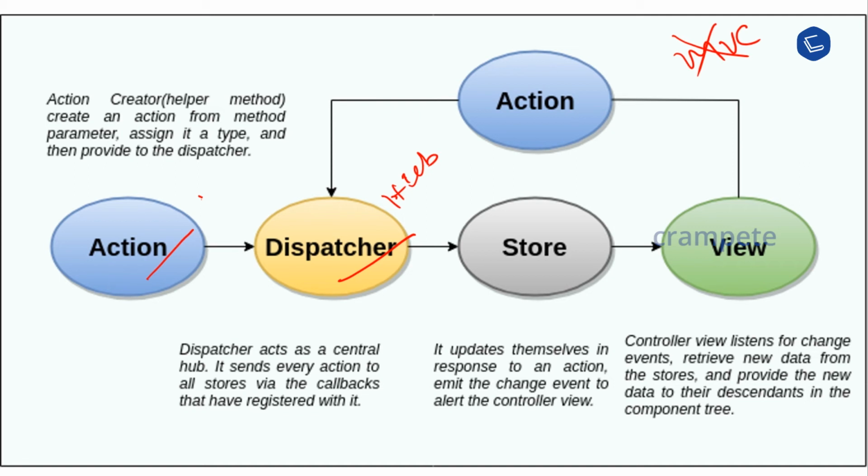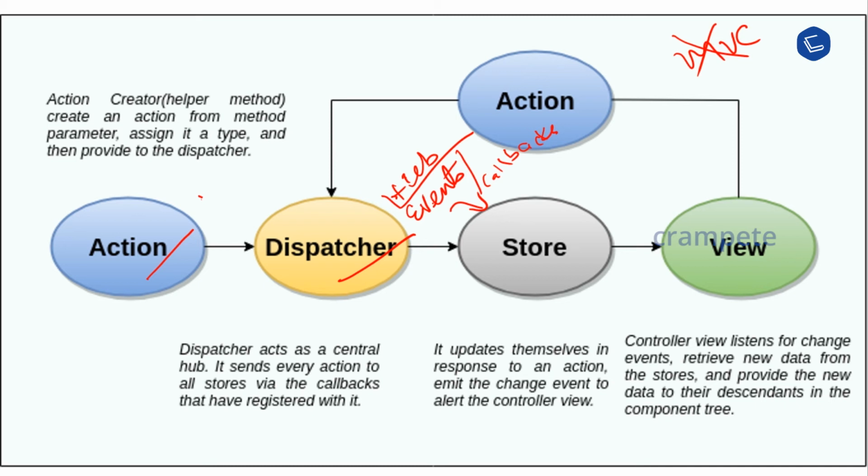That is, it sends every action to all stores via the callbacks that have been registered with it. So, it is a place which handles all events that modify the store. When an action creator provides a new action to this dispatcher, all stores receive that action through these events or callbacks that have been handled in the dispatcher.